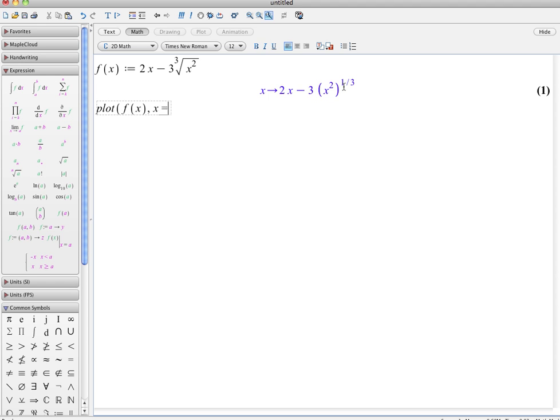X equals -1 to 3, because those are my bounds on my closed interval. And there we go. Now notice that at the point where the first derivative was undefined, right there, I actually have a cusp. This is not a smooth curve.